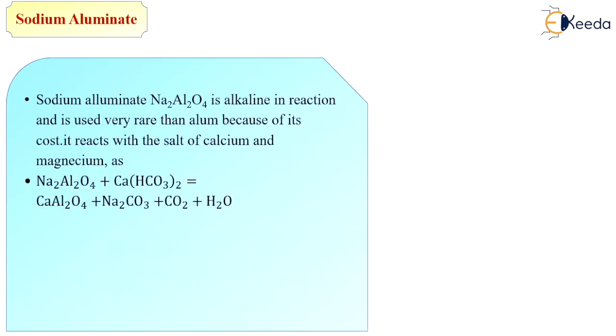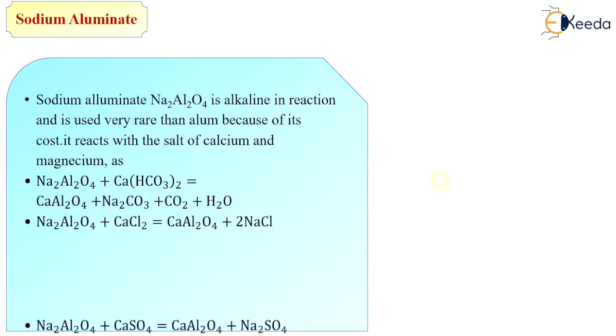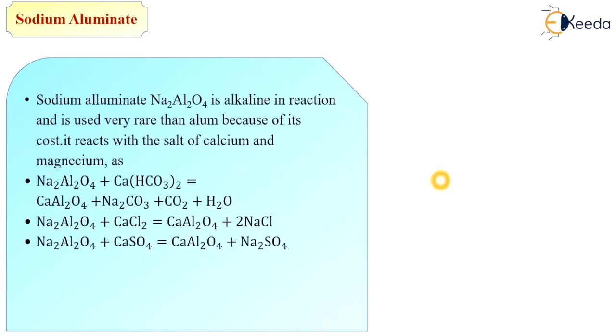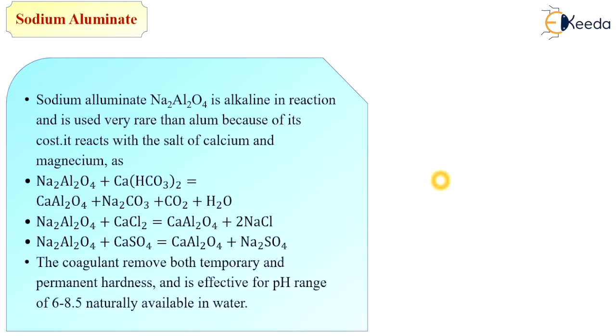In the reaction, sodium aluminate, Na2Al2O4, reacts with calcium carbonate and gets converted into calcium aluminate as flock. So these are the reactions that take place with sodium aluminate.